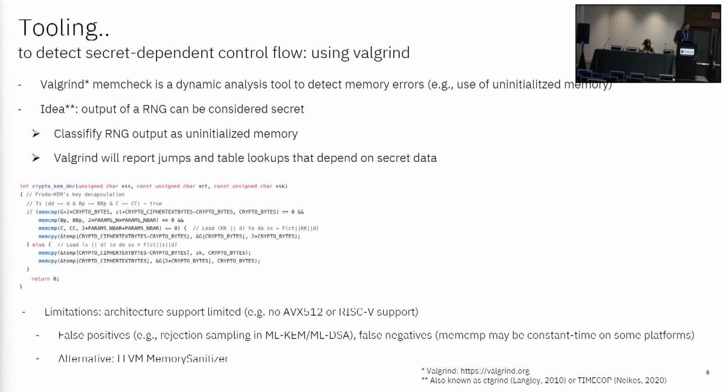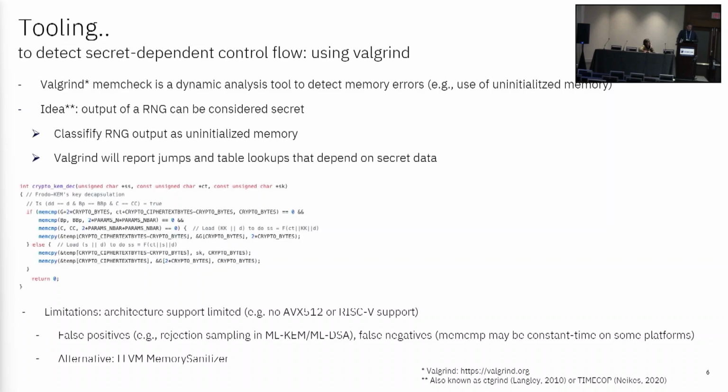And if you have any jumps or table lookups depending on that secret data, that's what you want to detect. With Valgrind, you can mark just the output of the RNG as uninitialized data, and then you will detect such things.